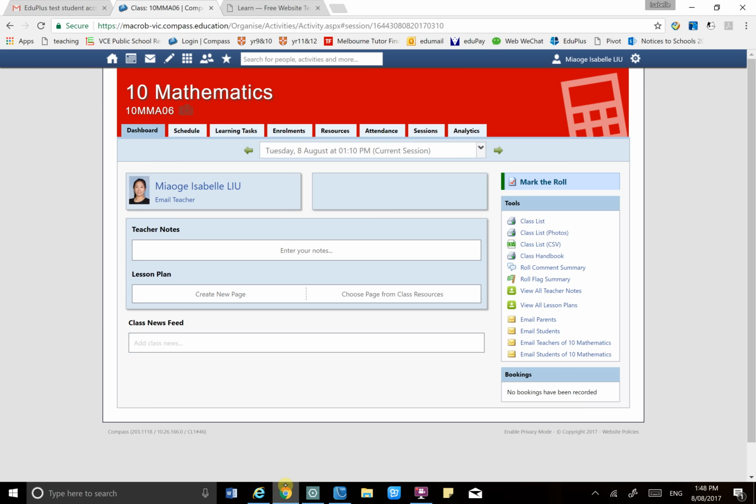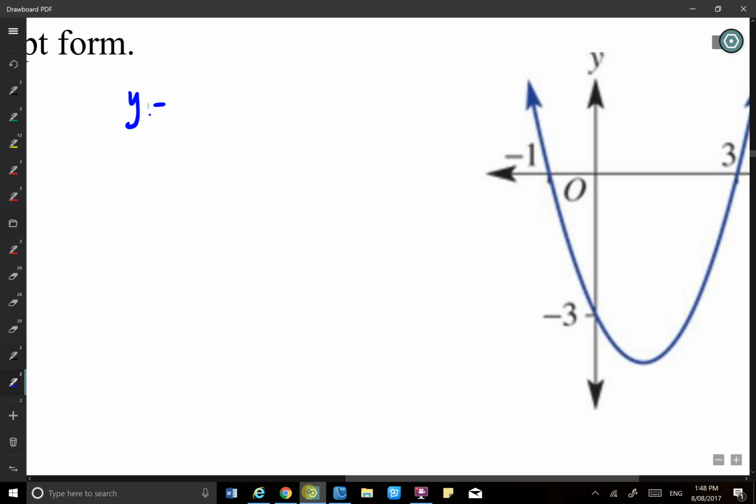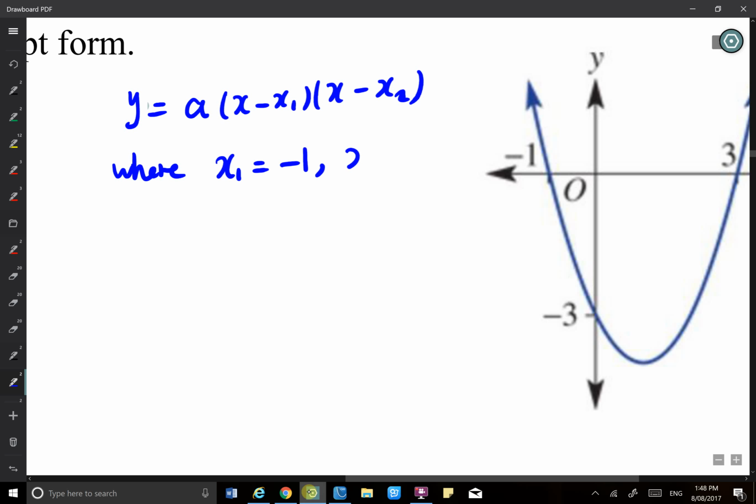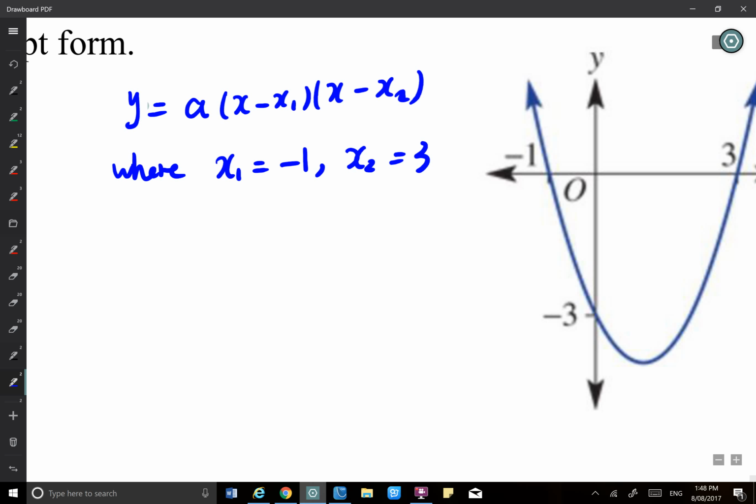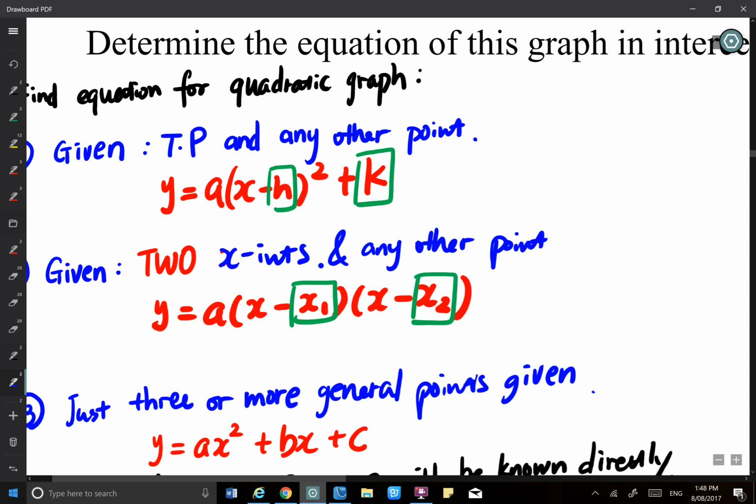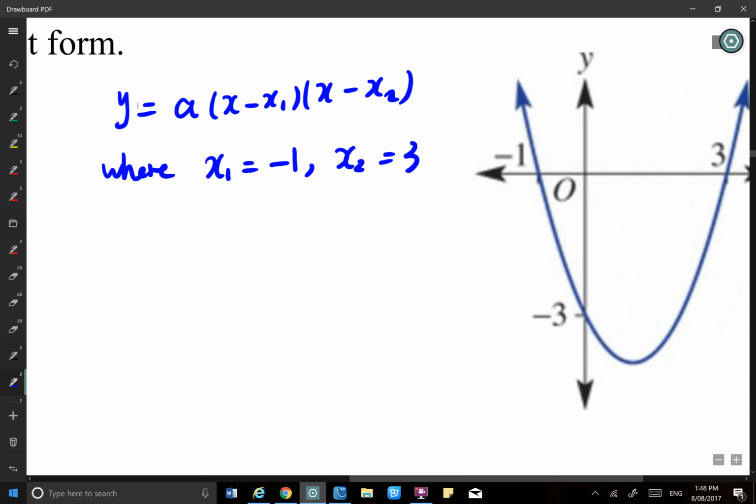I need to start with y = a(x − x1)(x − x2), where x1 = −1 and x2 = 3, because x1 and x2 represent the x-intercepts. So the x-intercepts are −1 and 3. So y = a(x + 1)(x − 3).